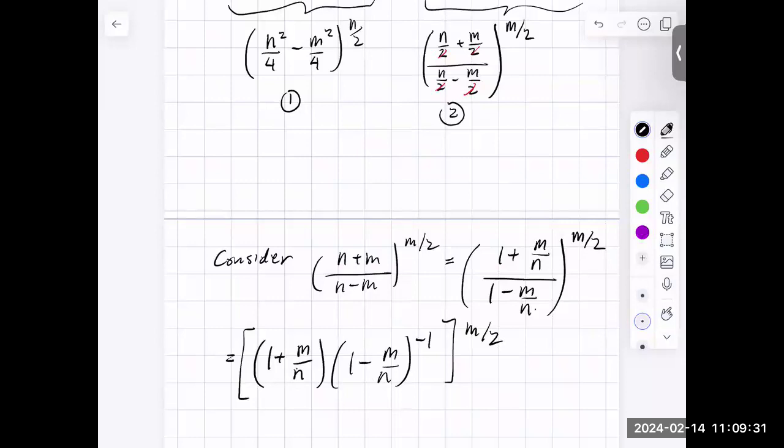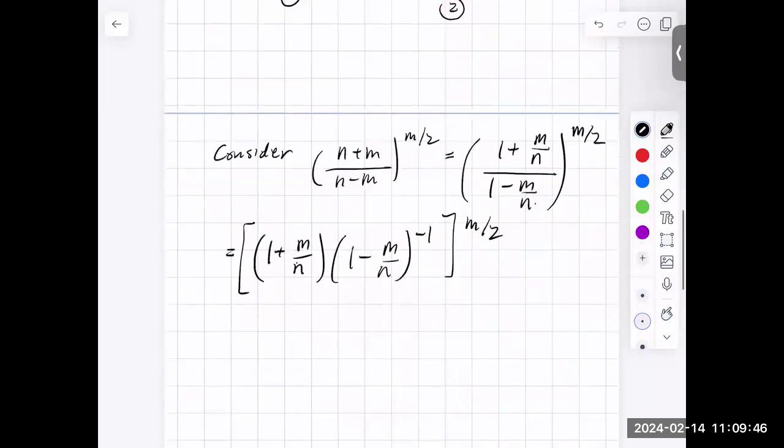And remember, what we imagine doing is taking a small number of extra steps to the right compared to the total number of steps. So this ratio m over n is a small number.